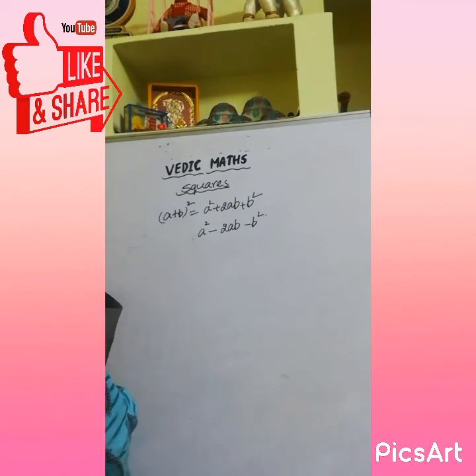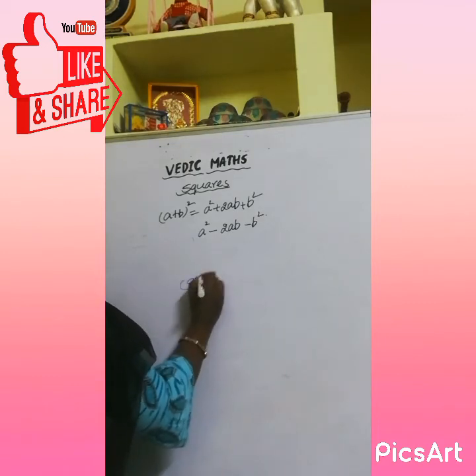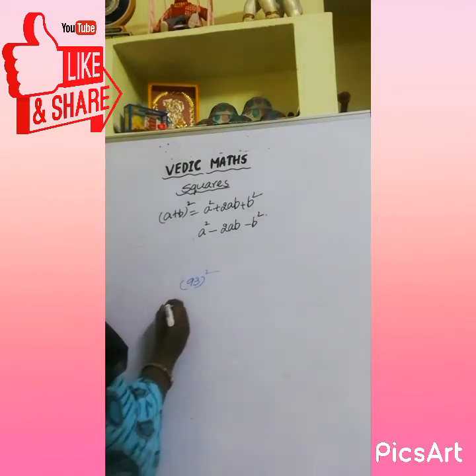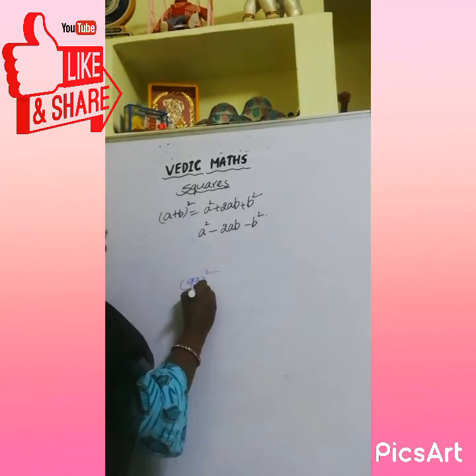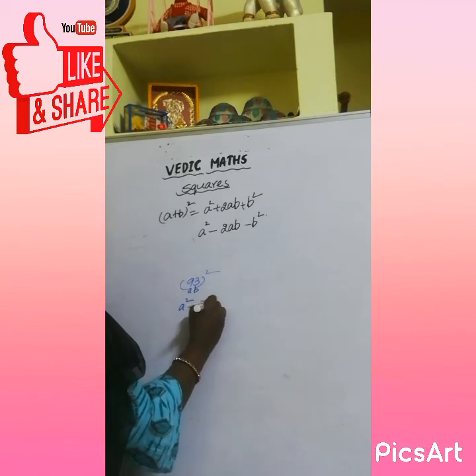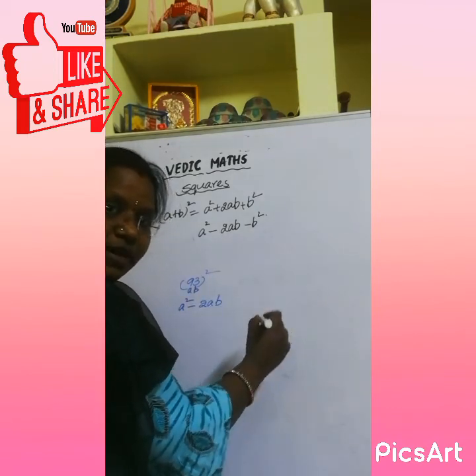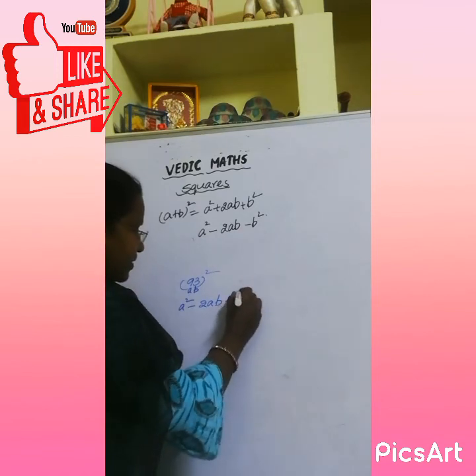So now I am going to take 93 square. In 93 square, A is nothing but 9, B is nothing but 3. In order to practice, you write the formula A square minus 2AB minus B square.